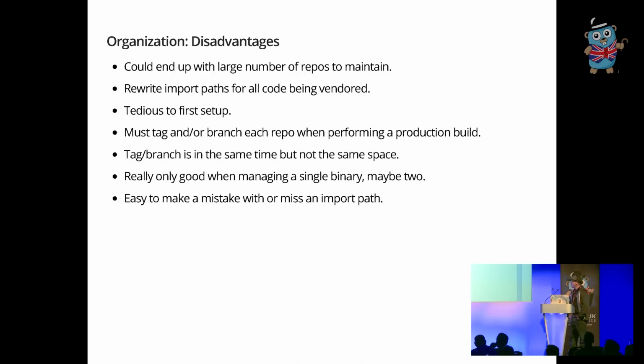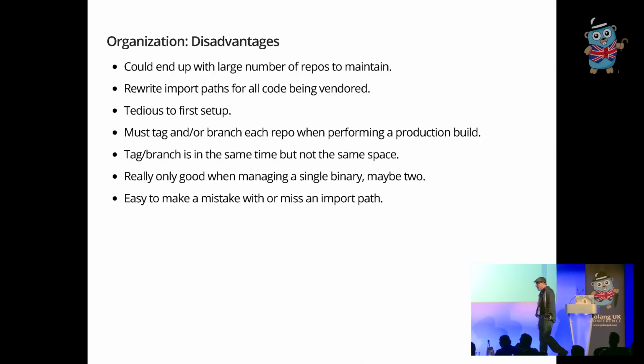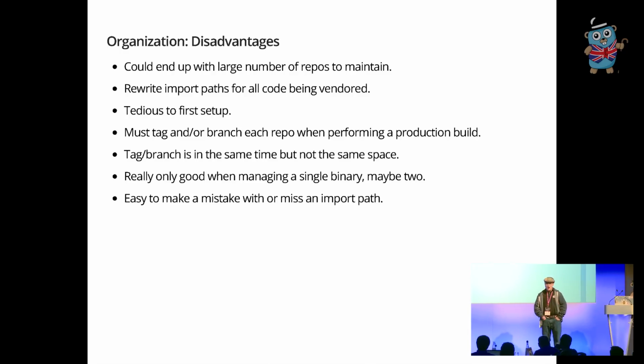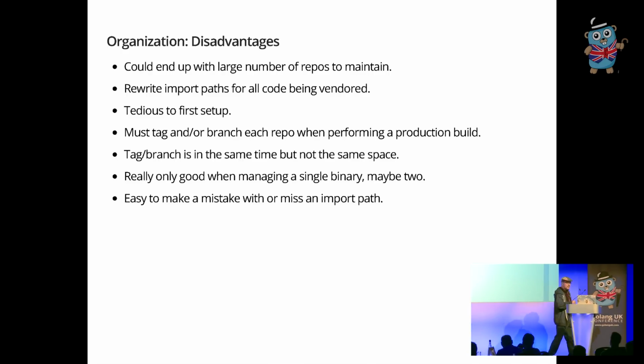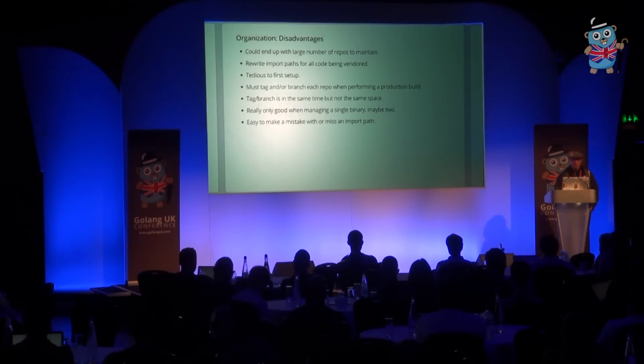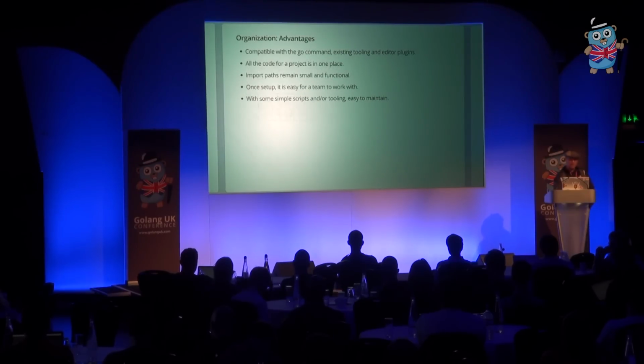And really, this only works if you're managing one, maybe two binaries anyway. Because if you're managing much more than that and you're building binaries at different times, oh my God, which package was for this binary when we tagged this? It really didn't work. It was an experiment that seemed really good at the time, and it didn't work. And plus, you always have the opportunity of making mistakes rewriting those import paths.